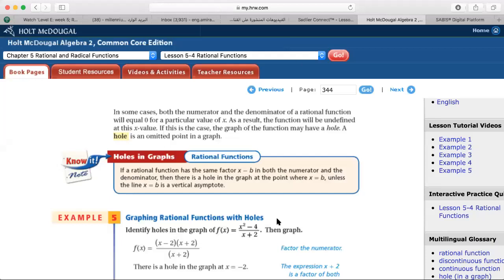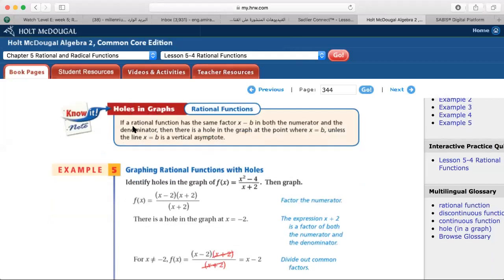In some cases, both the numerator and the denominator of a rational function will equal 0 for a particular value of x. As a result, the function will be undefined at this x value. If this is the case, the graph of the function may have a hole. A hole is an omitted point in a graph.